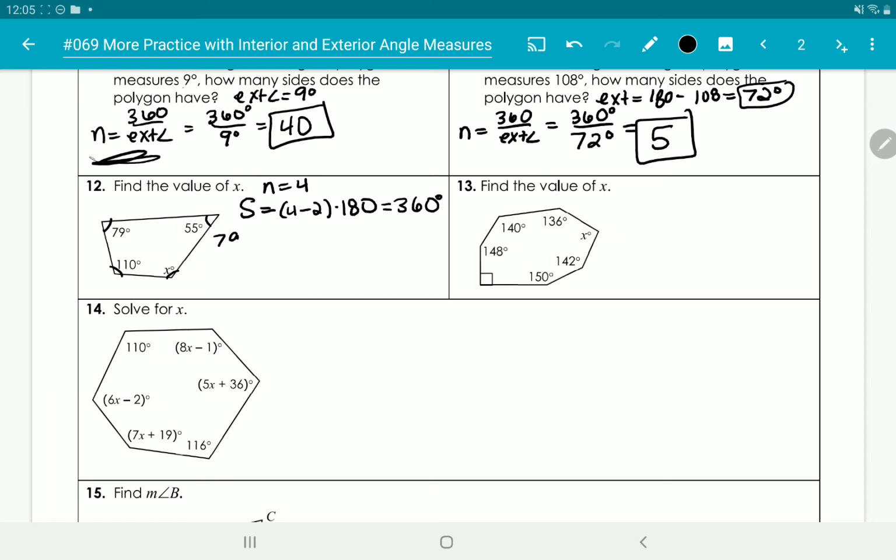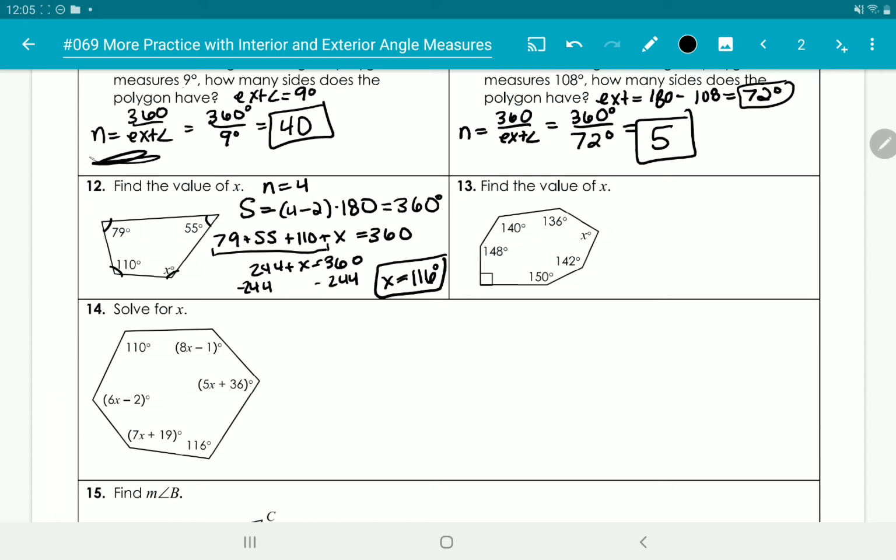So you have this 79 plus 55 plus 110 plus x is 360. We'll go ahead and add these three together, which will give us 244 plus x equals 360. We'll subtract 244 from both sides. That is going to give us that x is equal to 116 degrees.